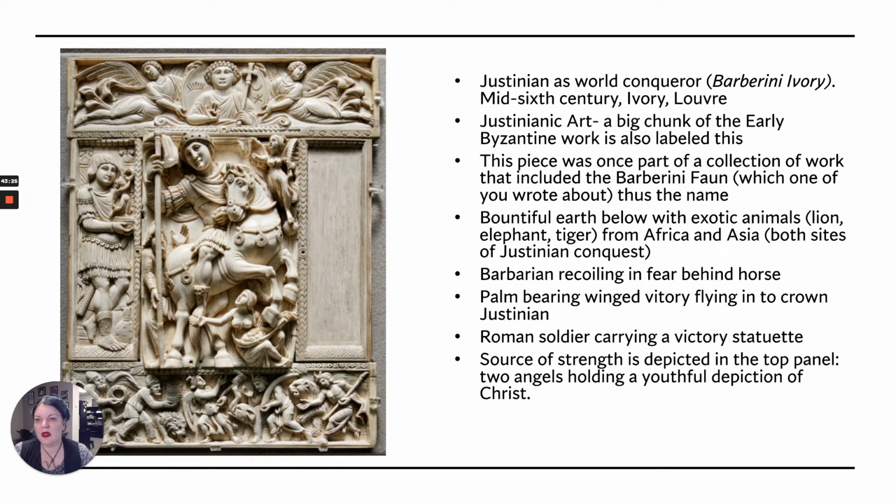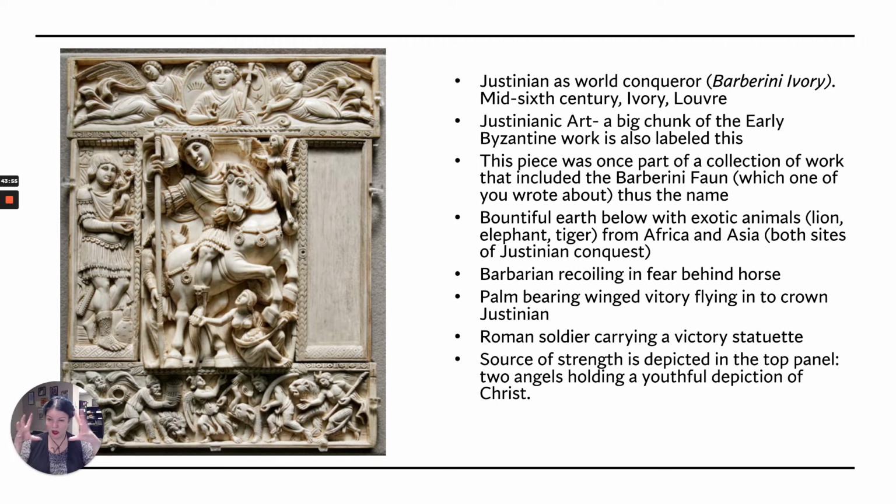And then crowning all of this up above, we have a very strange depiction of Jesus giving this blessing symbol and holding a cruciform staff, so we know that it is Jesus. We have these two angels flying in, and so this is tying in the ancient imagery that's important for establishing rule with the contemporary ideas about the new religion, about Christianity.